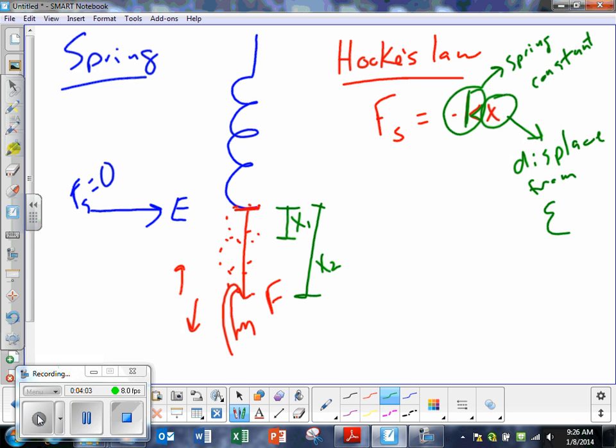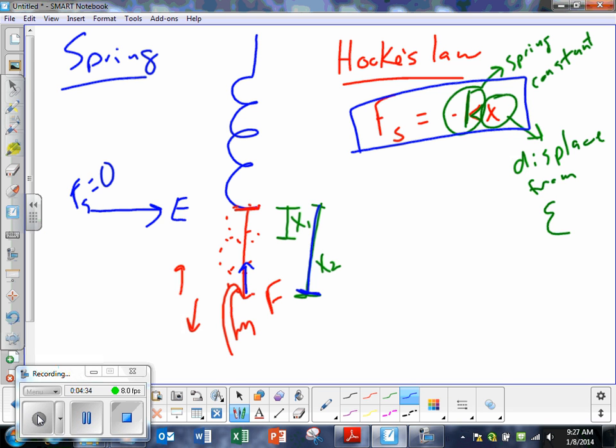And this is called Hooke's law then. The force of a spring is equal to negative kx. Now they put the negative in there a few years back, and the idea of the negative is to remind the person looking at the formula of this: if I stretch a spring down this way, the force of the spring is going to be upward. Do you agree?